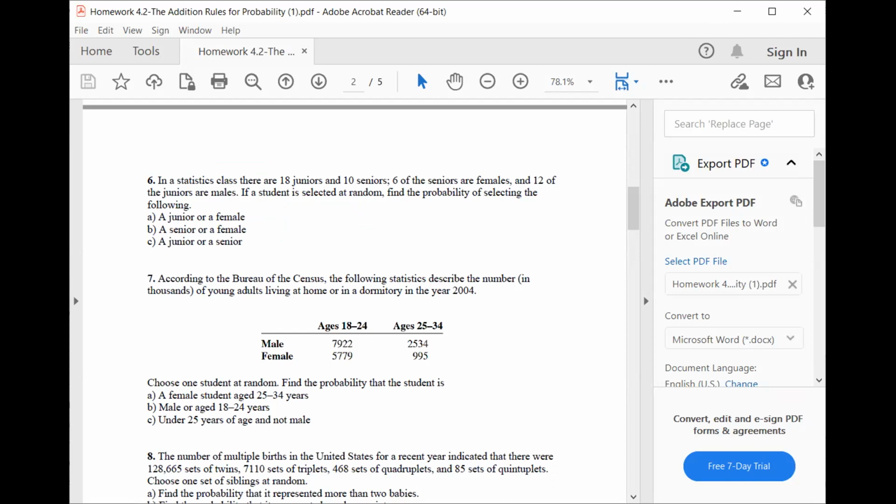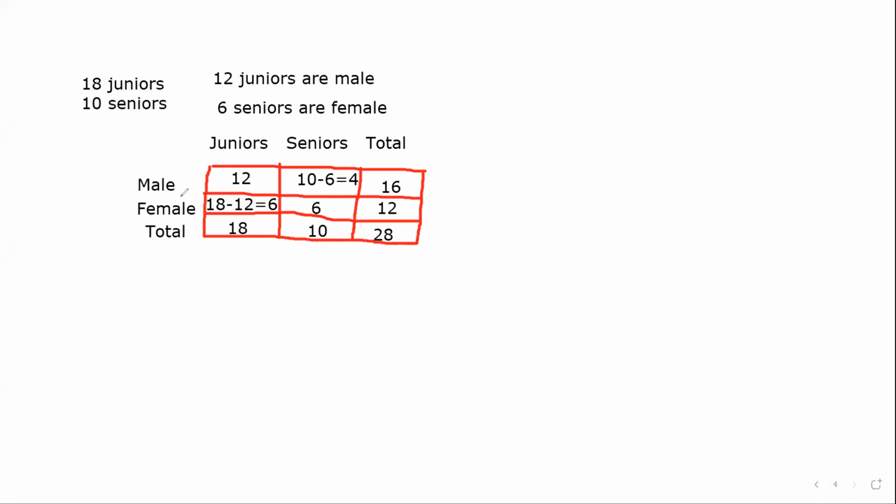Yes, they are, because there are juniors who are female. So when you do this, you have to account for that overlapping category.